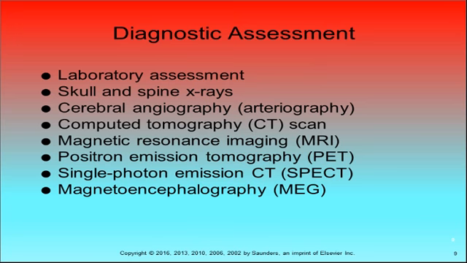So some of the diagnostic testing that we can do for neurological statuses are first our laboratory assessment. Fluid, electrolytes, any type of glucose abnormalities can cause neurological impairment. I always want to do a BMP, a basic metabolic profile. Of course, your calcium, phosphorus, magnesium, all of those need to be checked.